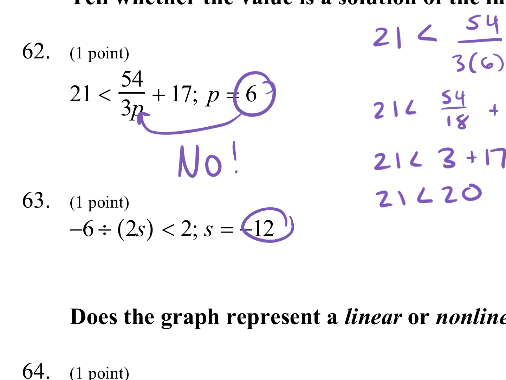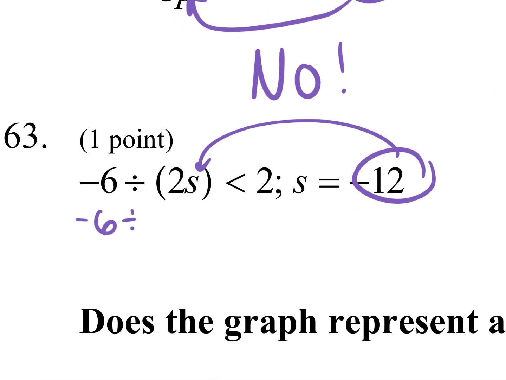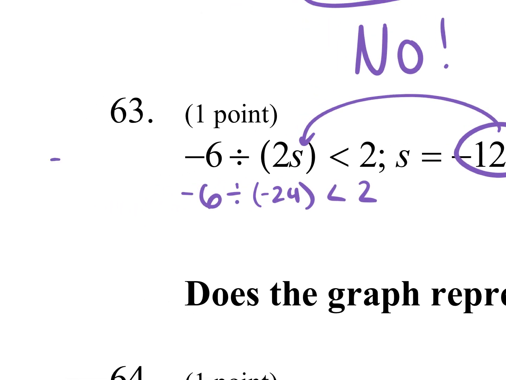For 63, we would do the same thing. Take negative 12 and plug it in. So we get negative 6 divided by, what is 2 times negative 12? Negative 24 is less than 2. Here I have negative 6 divided by negative 24.